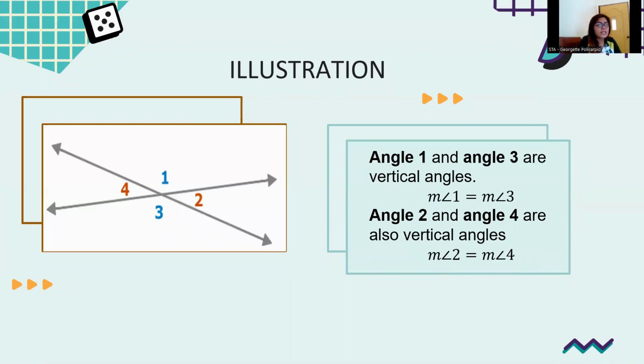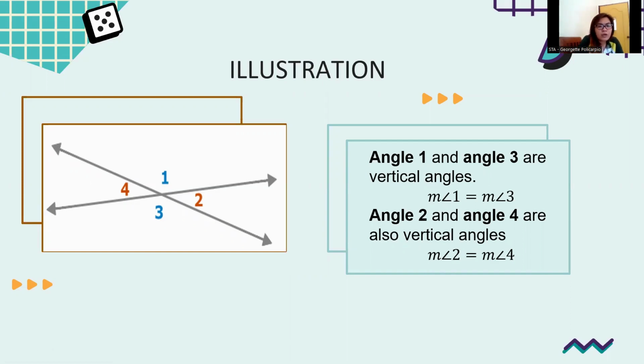Yung kanina, yung different na kulay, sila ang linear pair. Pero pag same kulay, sila yung vertical angles. Gets po?